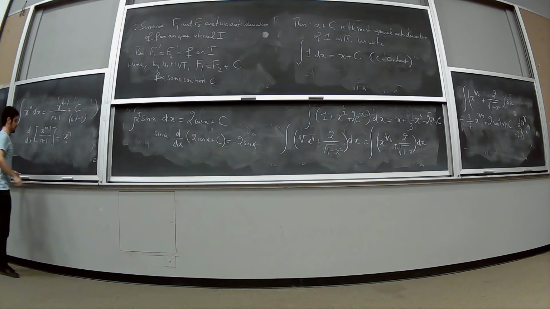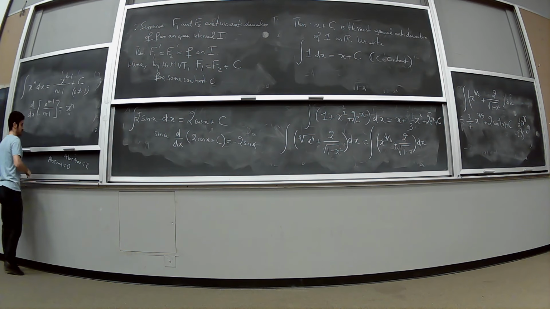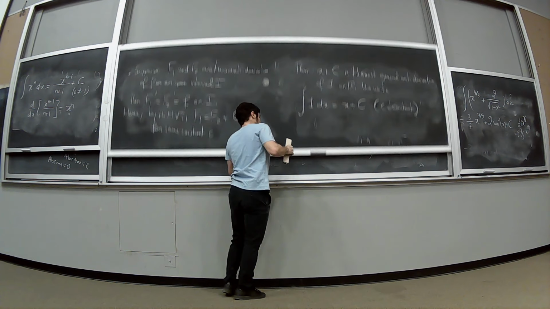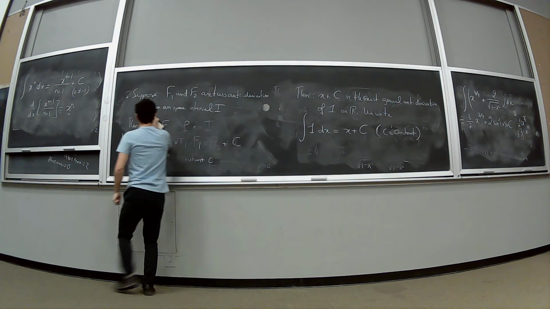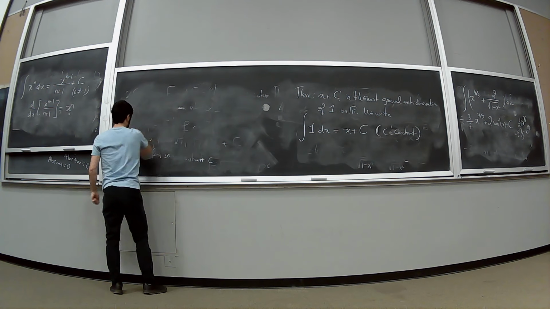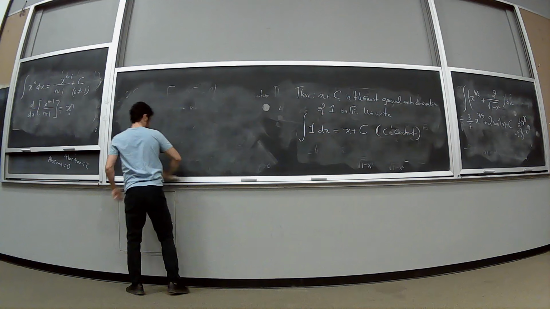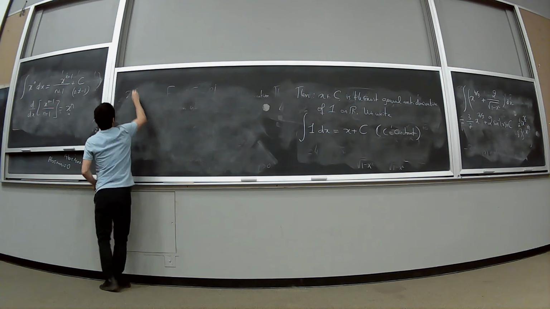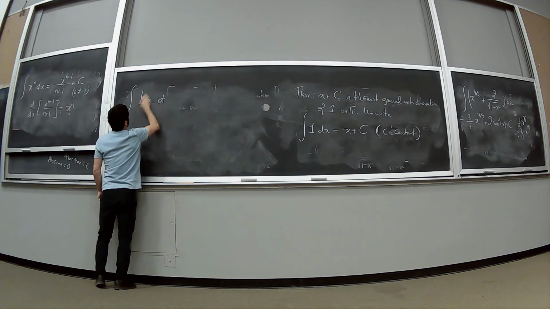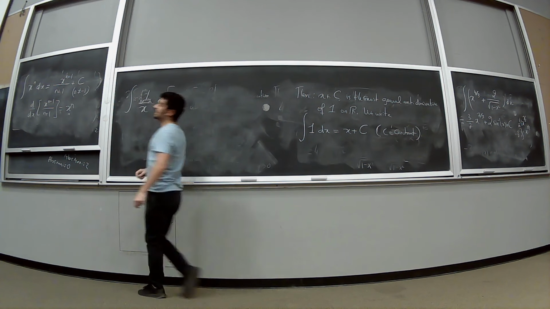Still have 2 more minutes. Let me just do one more example. Great. Okay. Antiderivative of 1 over x dx. What is that?